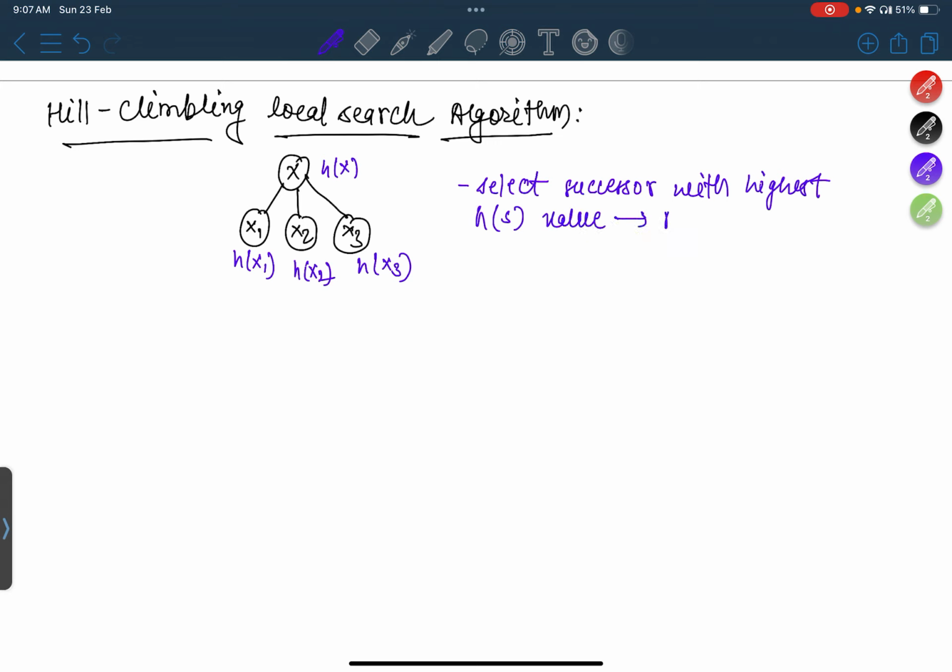This happens when we are trying to maximize the heuristic function.